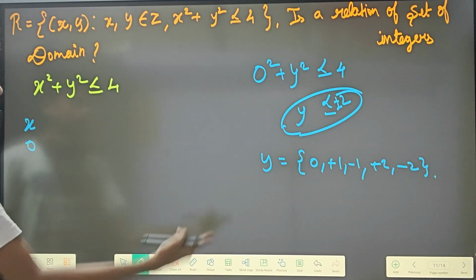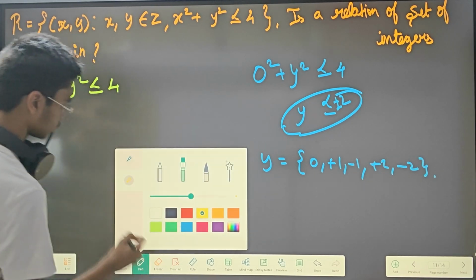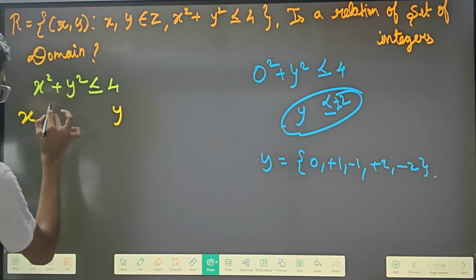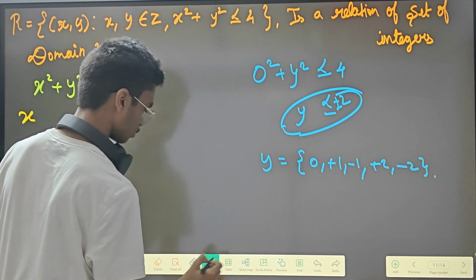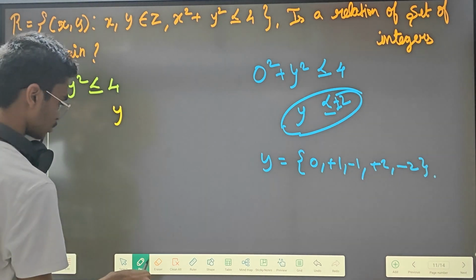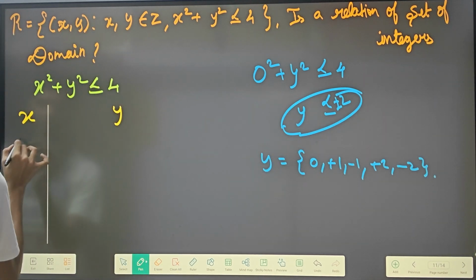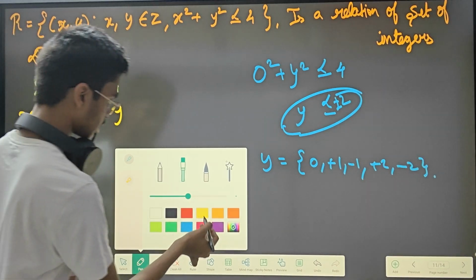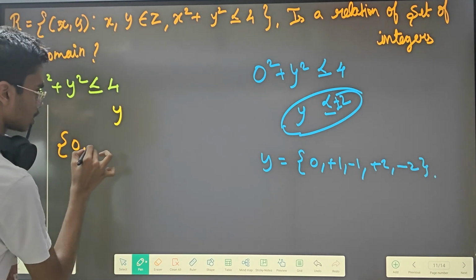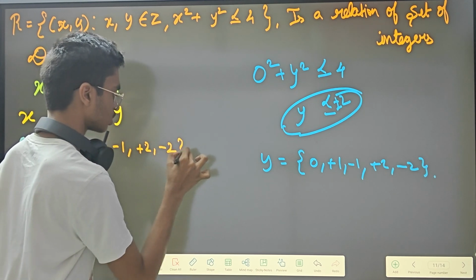So that means if you are putting 0 in place of x, then what will you be getting? You will be getting 0, plus 1, minus 1, plus 2, then minus 2.